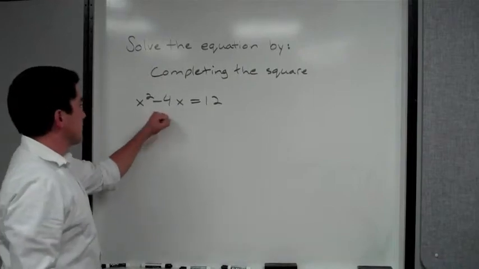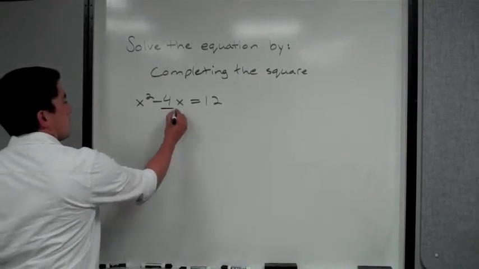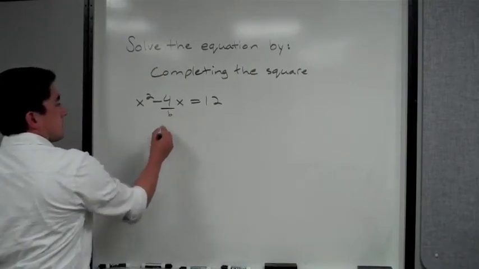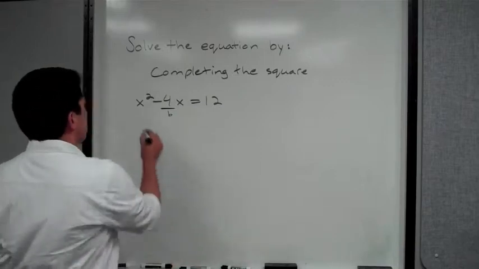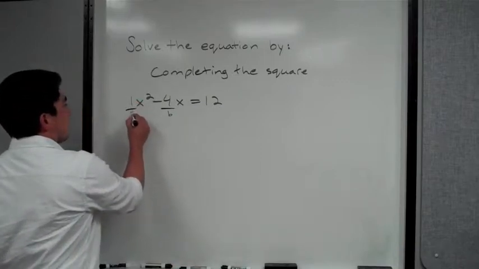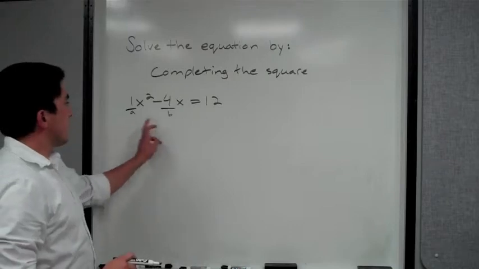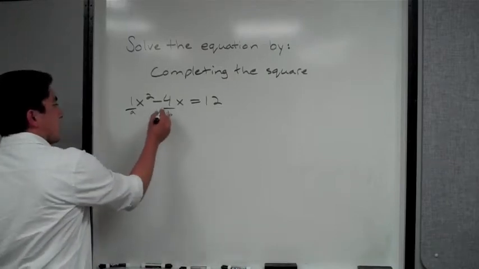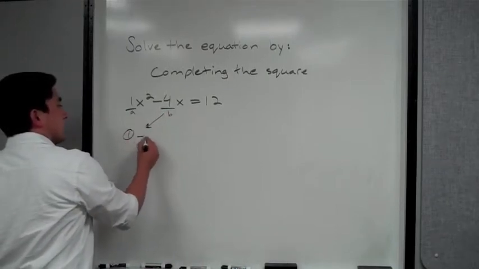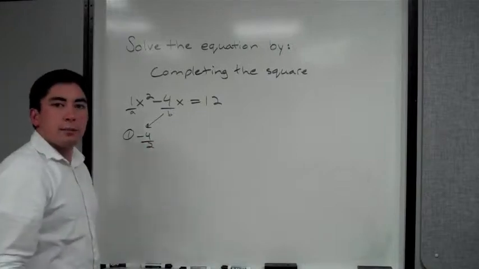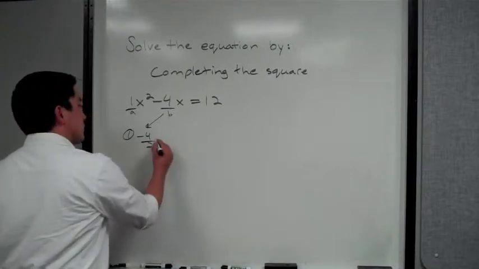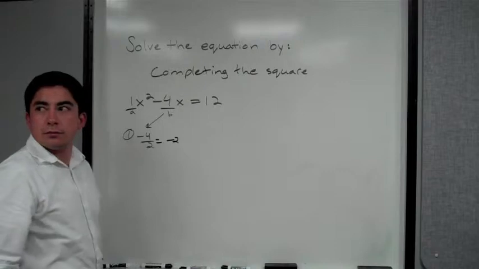The first thing is we take this number right here and call that b, because in standard form, this invisible 1 is in the position of a. We cut b in half: negative 4 divided by 2 gives you negative 2.